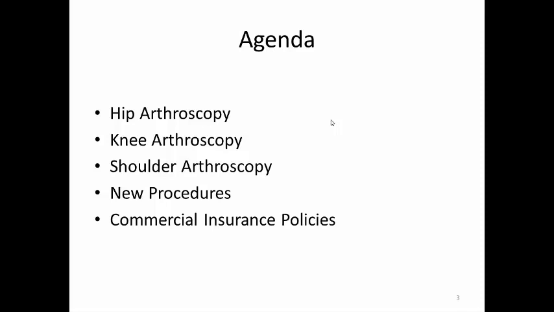We then have some new procedures that I would like to talk about, and I also want to take a look at some current commercial insurance policies that we continue to struggle with our clients related to arthroscopy and the payment or denial of arthroscopy procedures. So let's jump into the hip.